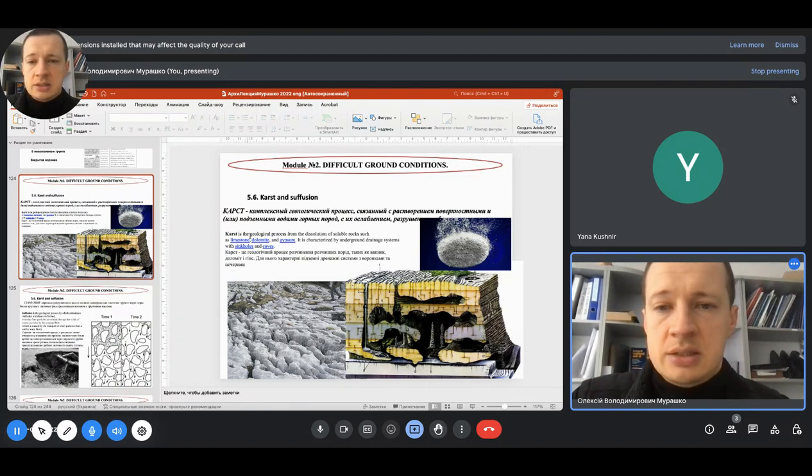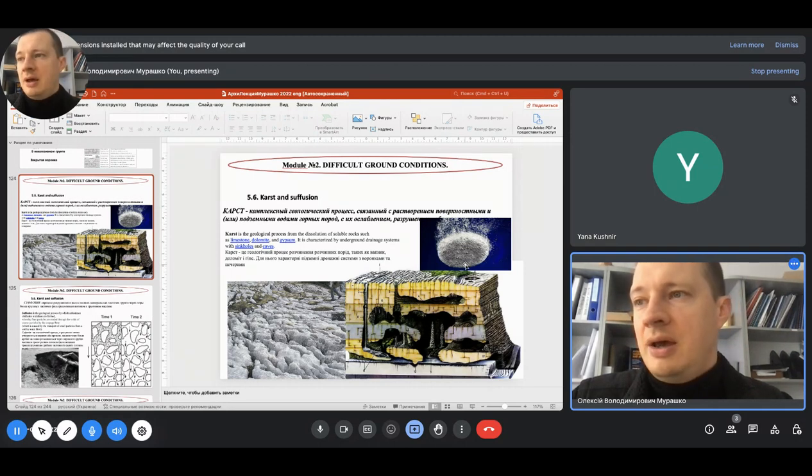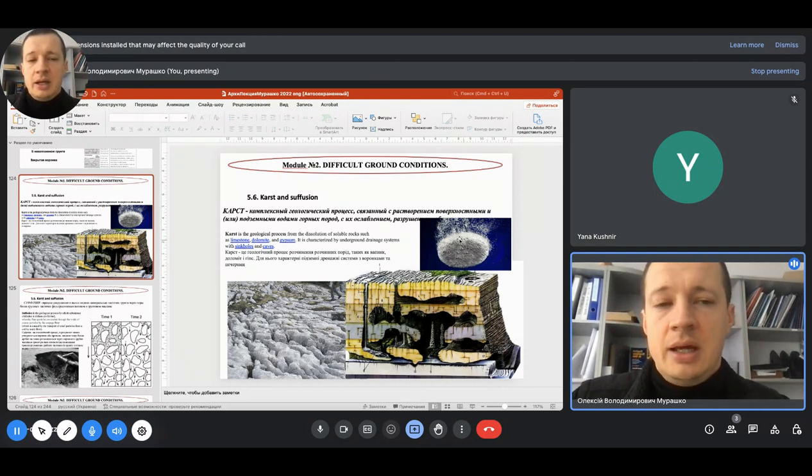And karst is the geological process of dissolution of soluble rocks. This process looks like when we see the dissolution of a tablet of vitamin C or other vitamins in water. It's a chemical process which leads to sinkholes, as you can see in this section.